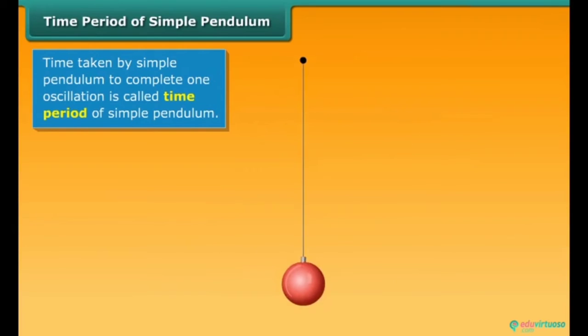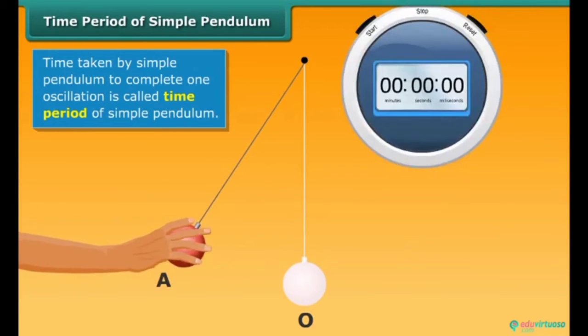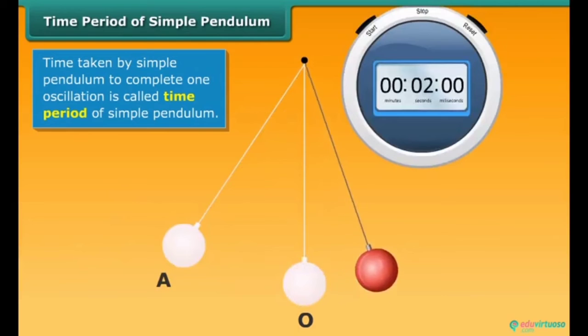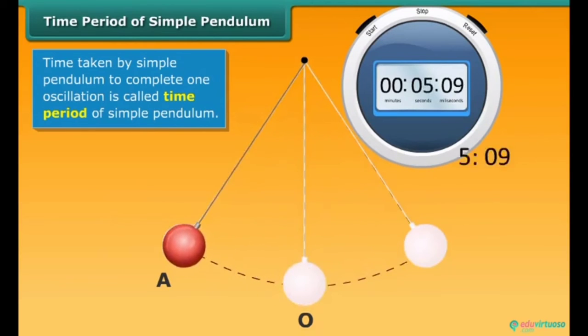The next is the length of the pendulum. You can see the length of a thread from the point of suspension to the center of the bob is the length of the pendulum. The time period of a pendulum depends upon its length.